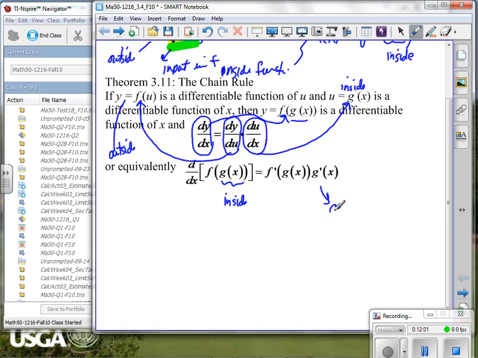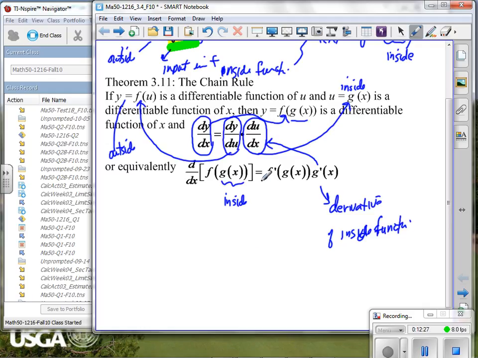So this is the derivative of the inside function, okay. Up here, which of these was the derivative of the inside function? Du dx, yeah. So this corresponds to du dx.